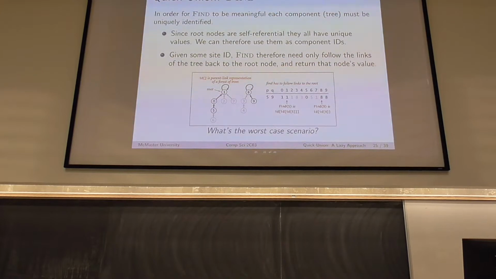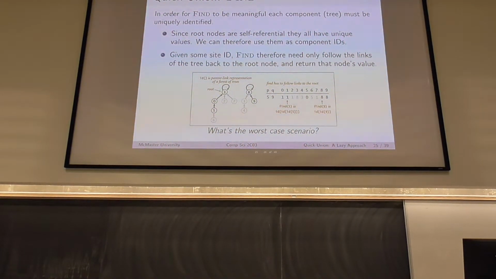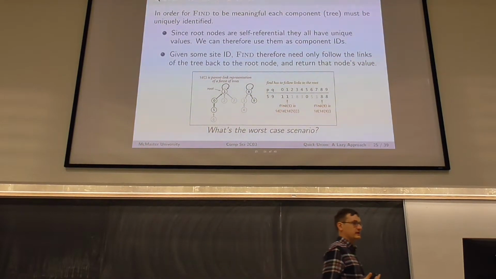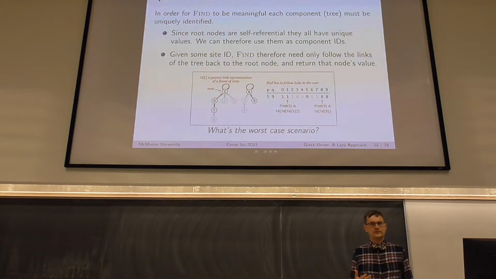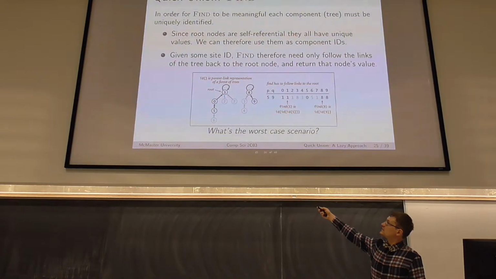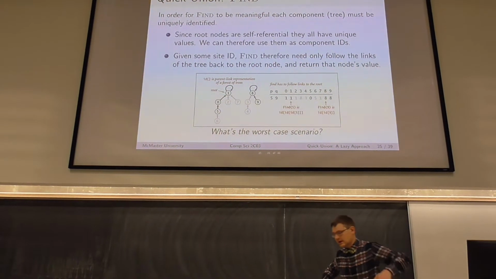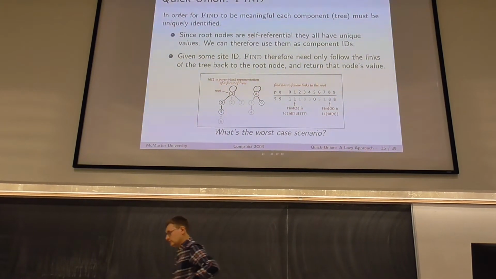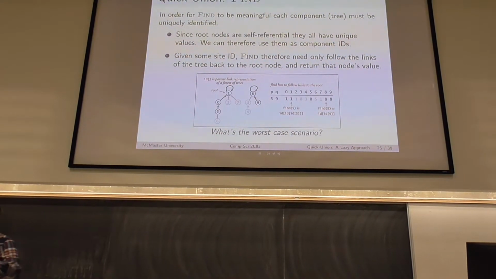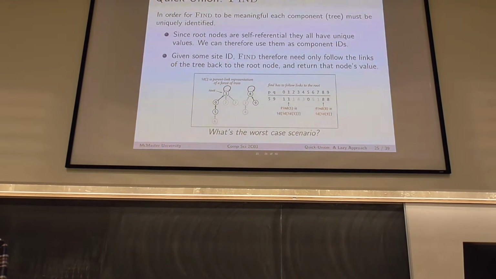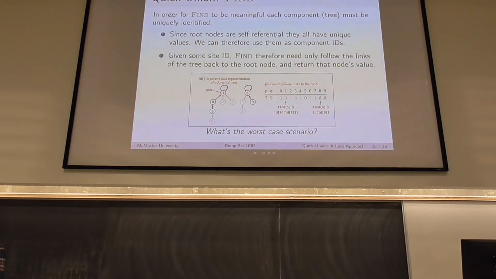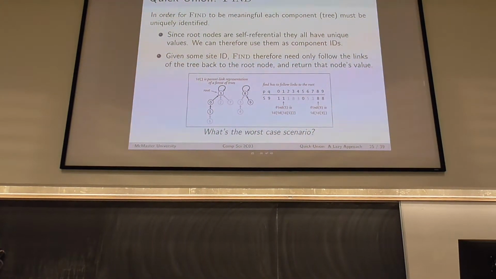So, find has been made a bit more complicated, right? Imagine your worst case scenario for this operation. The worst case scenario is that every single node in the entire network is all in one big tree, and you have selected a leaf node of that tree on the longest branch, right?